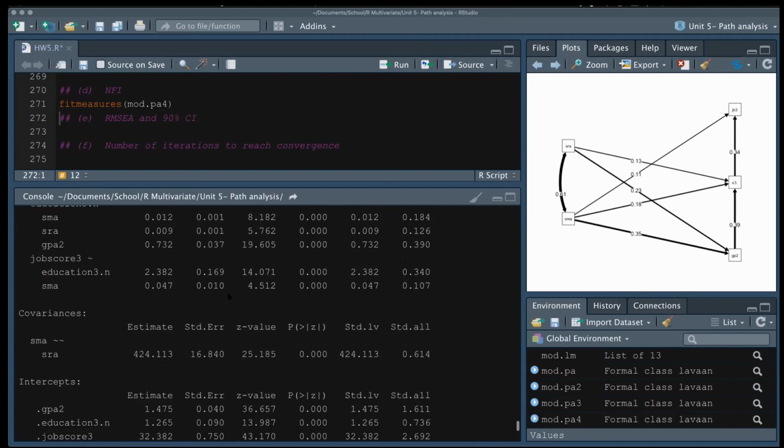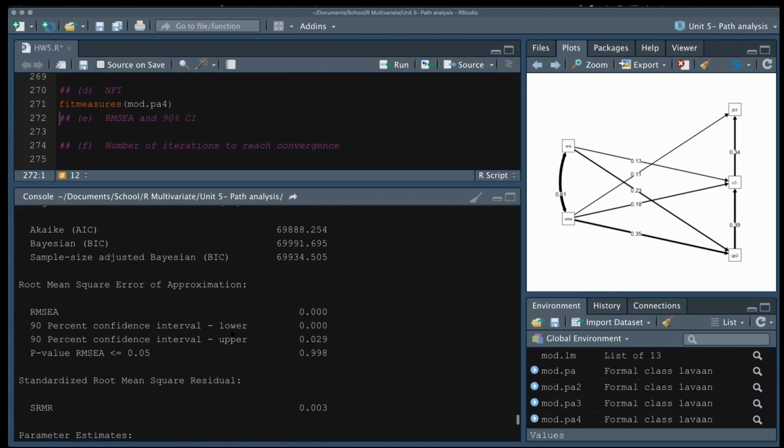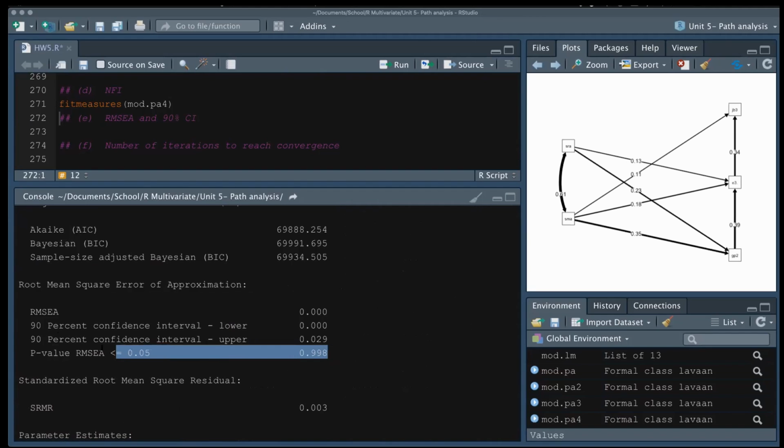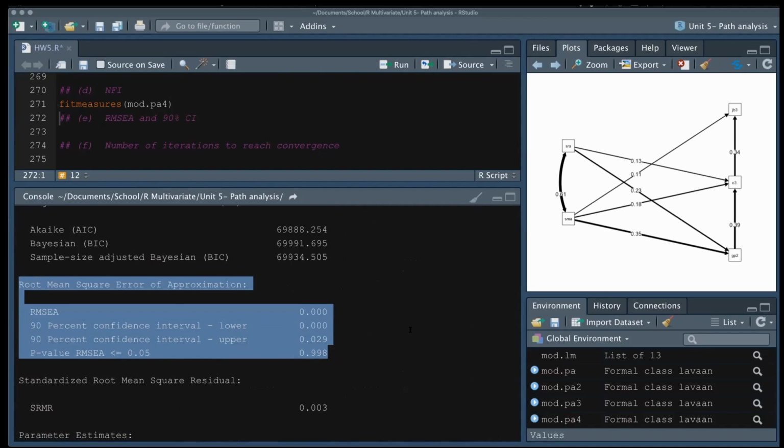For our RMSEA, we already looked at, remember when we ran that last one, when it's a perfect fit, this zeroes out. But now we have a non-significant p-value on that RMSEA. The RMSEA value says 0, but that's likely not actually 0, but some incredibly small decimal close to 0.